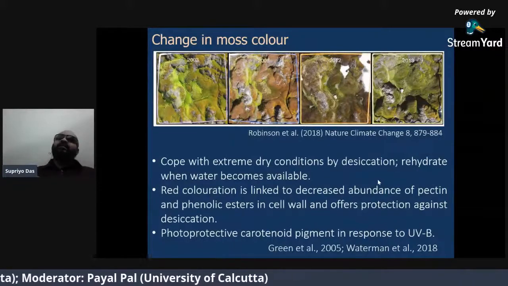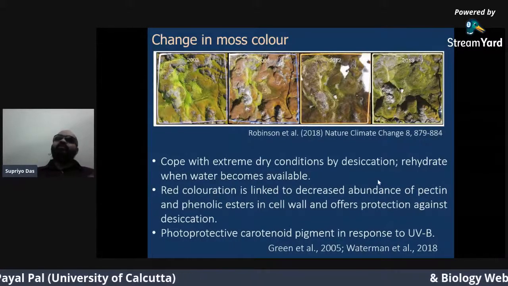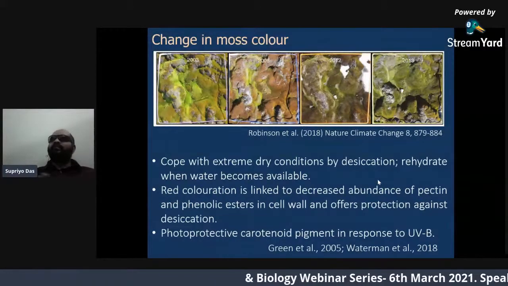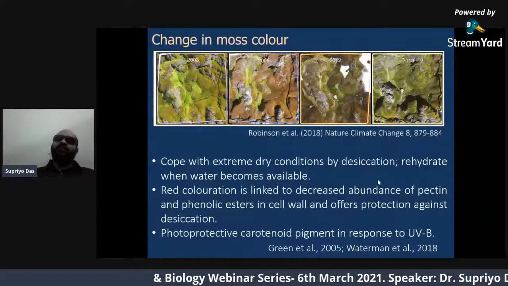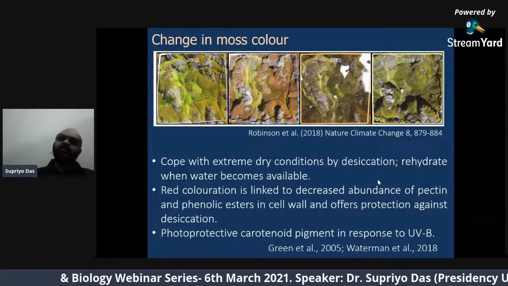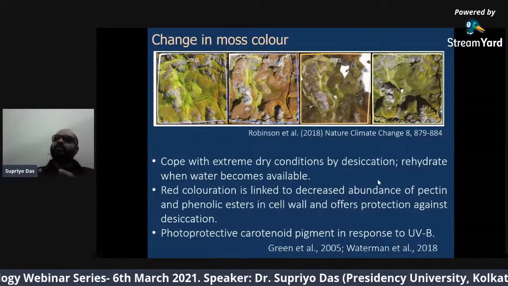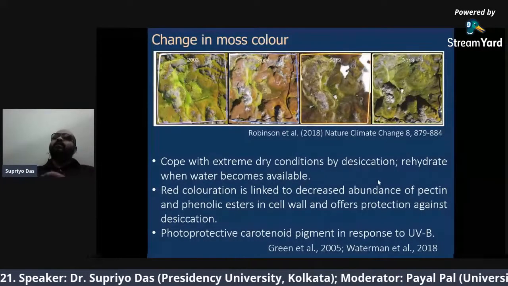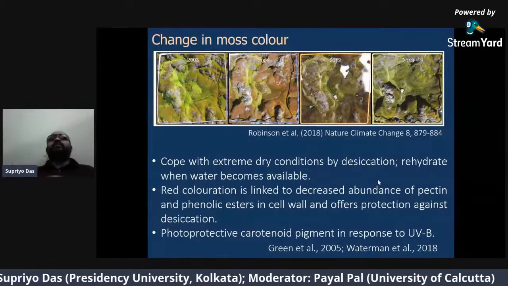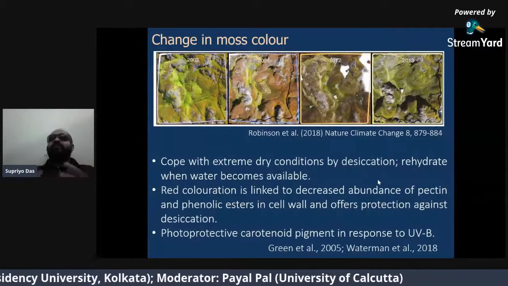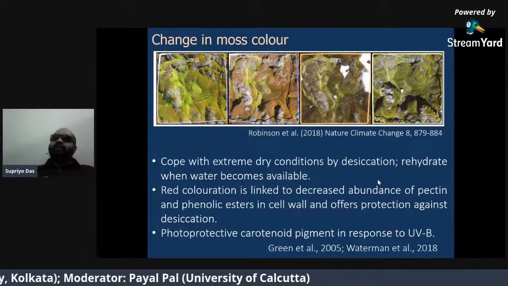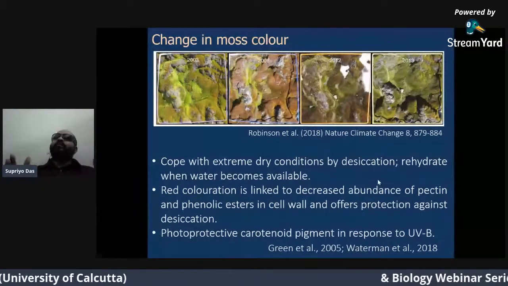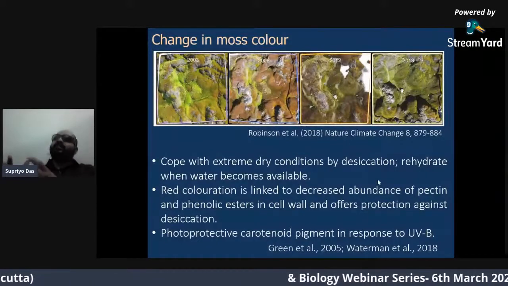The change of color is not something that I observed for the first time. It is well noted, and researchers did a lot of research on it, and they found that it is mostly due to water stress. Moss grows in moist areas, but with time the water dries up and they become stressed. So green moss indicates there is a lot of water, and when it becomes dry or gray, it indicates water stress.